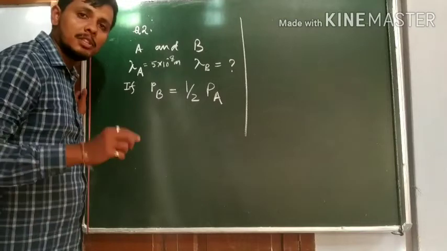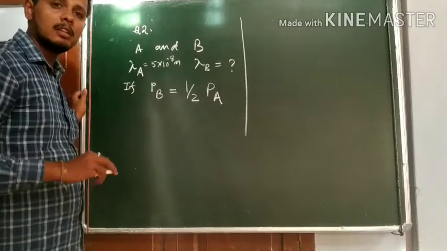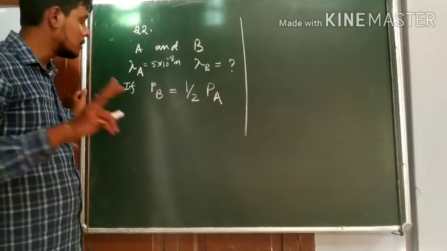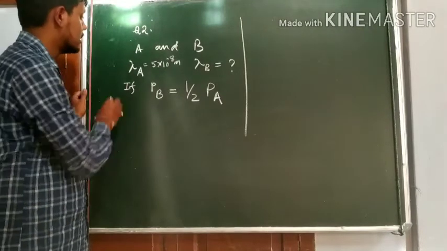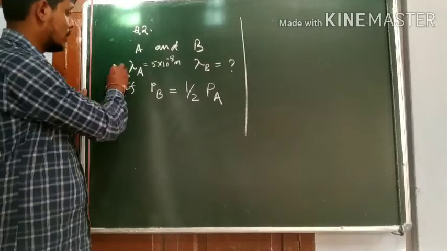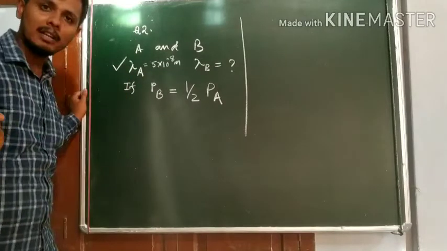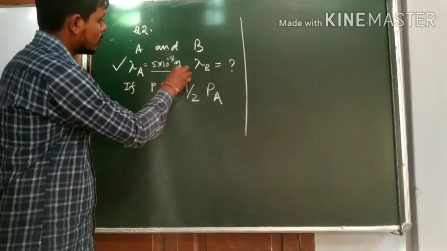In the second question, two particles are given. The wavelength associated with one particle is 5 into 10 to the power minus 8 meter.